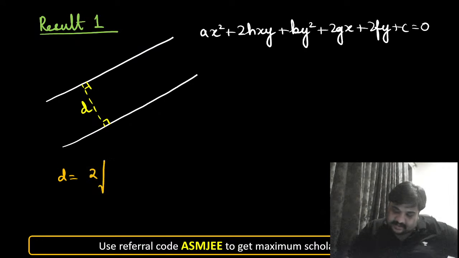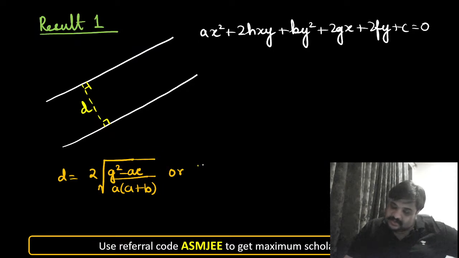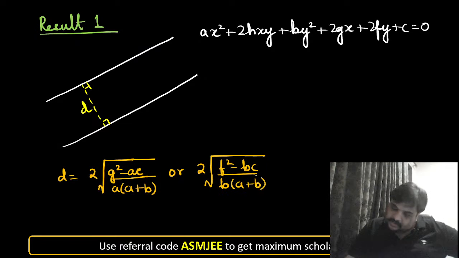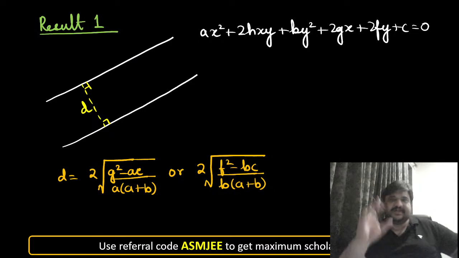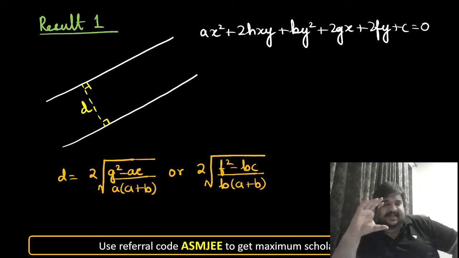Note down this result: 2 root g square minus ac upon a into a plus b, or both of them give the same answer: 2 root f square minus bc upon b into a plus b. You don't need to derive it. You can derive it, but no need. Just learn it. So this is one result which gives you distance between two parallel lines without separation.